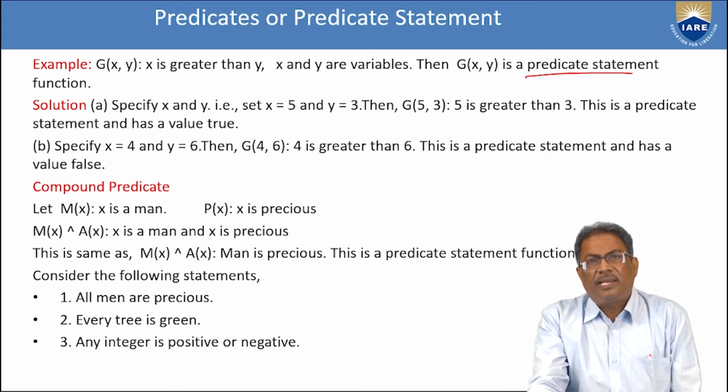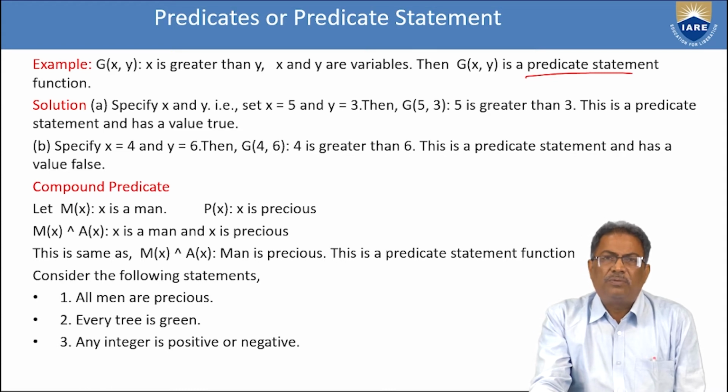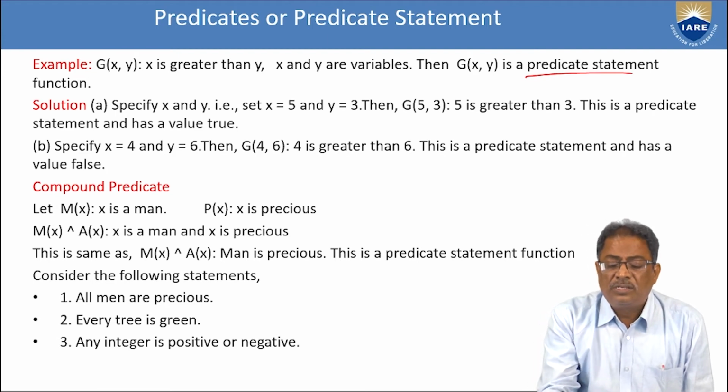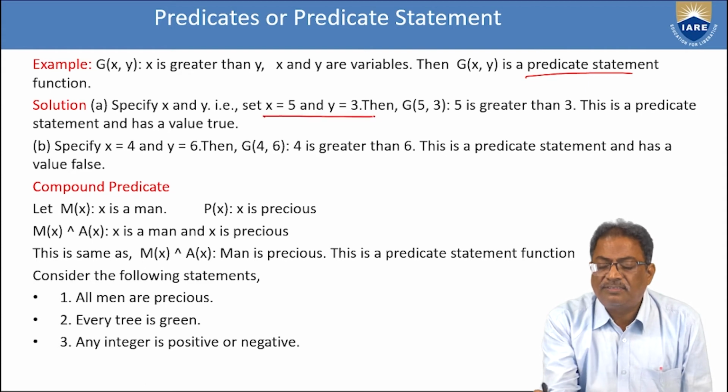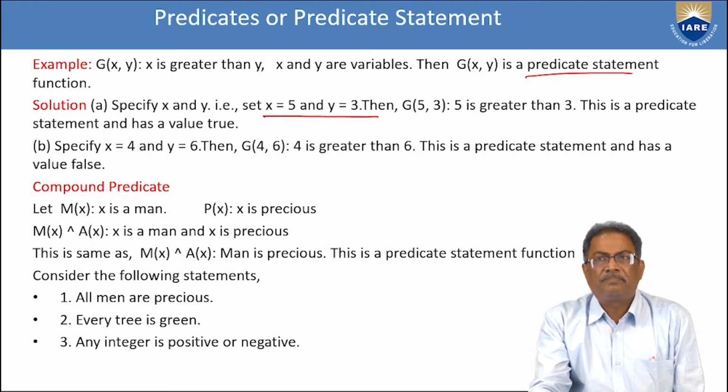So whenever a predicate statement function is there, if we replace the variables with specific values, then it will become a proposition and it will have a truth value. Suppose I take x is equal to 5, y is equal to 3, then g of 5 comma 3 is 5 is greater than 3.